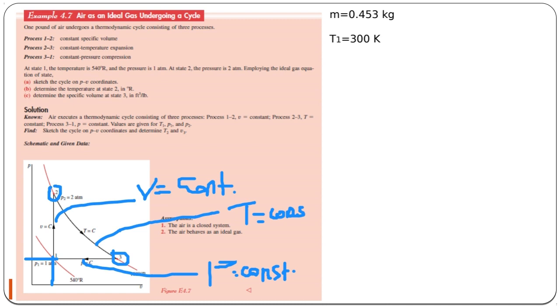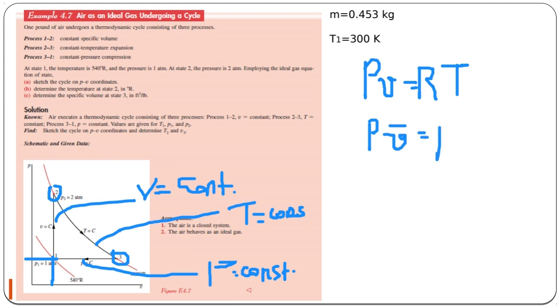We have an ideal gas, so we will be using either this one or the one with the mole numbers, which has a different volume. Either one can be used.